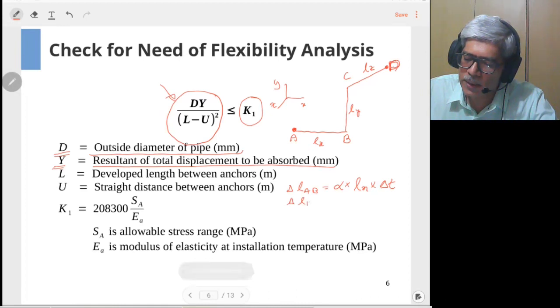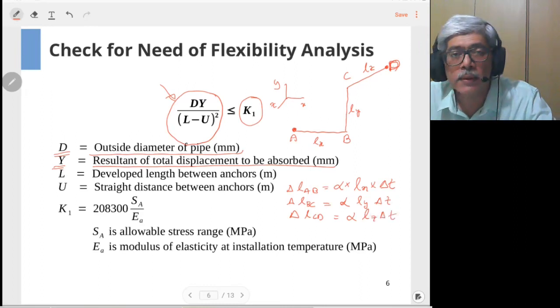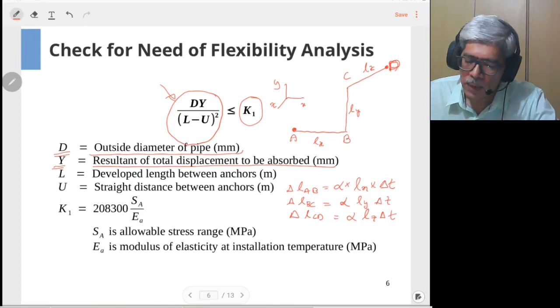Similarly, the change in length BC can be calculated considering Ly, and delta LCD can be calculated considering the length in Z direction. The resultant total displacement is the vector sum of these three displacements.